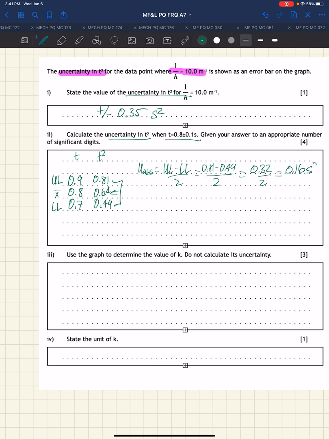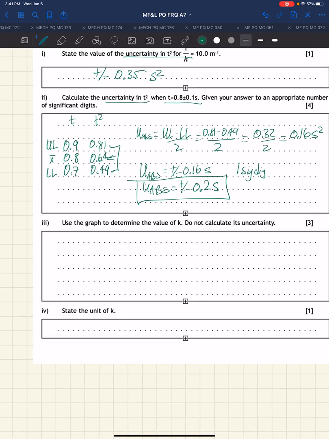And again, that's seconds squared because we're talking about the vertical axis. However, the absolute uncertainty, which may be plus or minus 0.16, all uncertainties can only be expressed to one significant digit. So that means the absolute uncertainty is really then plus or minus 0.2 seconds squared. And that is our uncertainty in t squared.